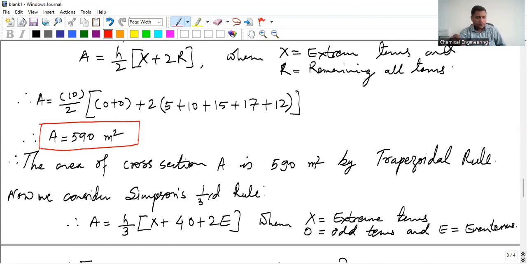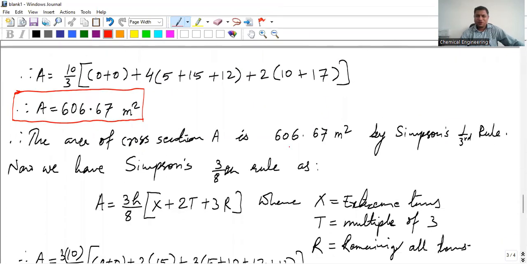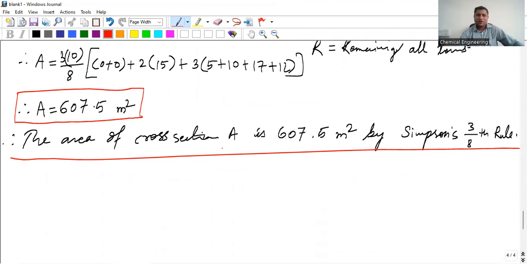Is there any doubt in this example? All of you got this example? Yes, sir. So here we have solved the example using the trapezoidal rule, the Simpson's 1/3 rule, as well as the Simpson's 3/8 rule.